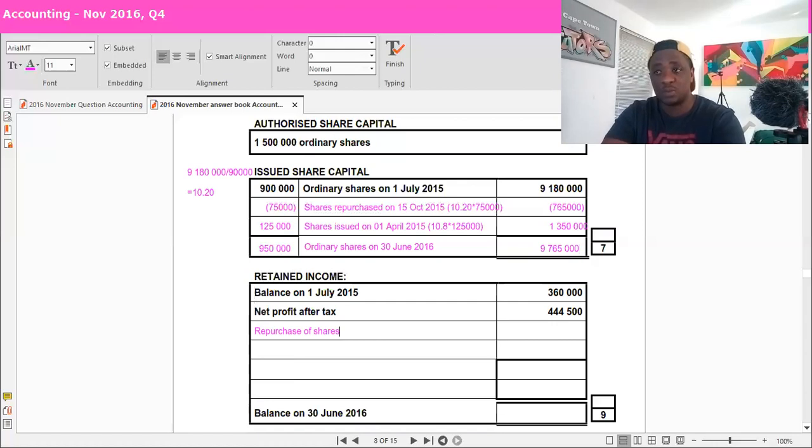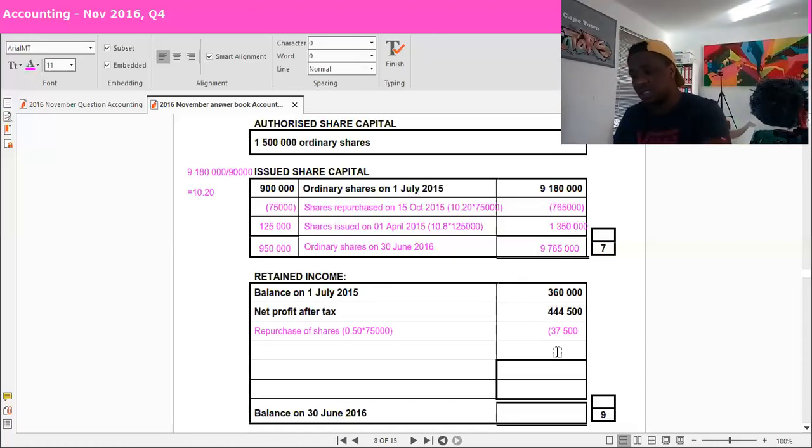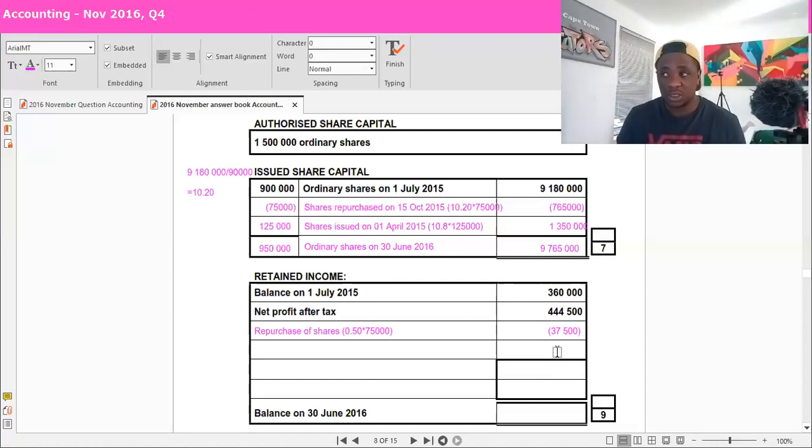So the difference between those amounts is 50 cents, and then we multiply 50 cents by 75,000 shares, and that would give us an amount of 37,500. Obviously, it's going to be negative because we are taking money out of our equity to repurchase those shares, and it's cost us a little bit above the average issue price.